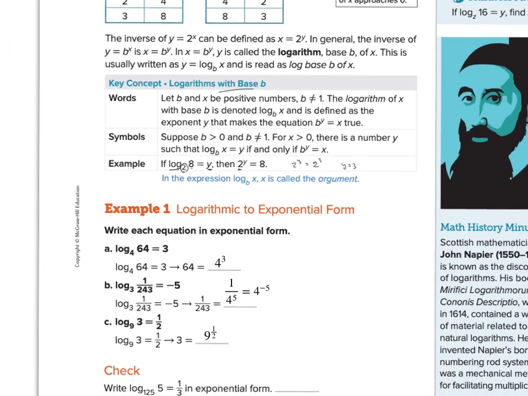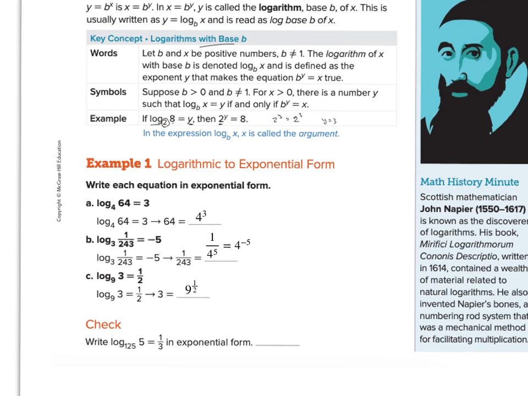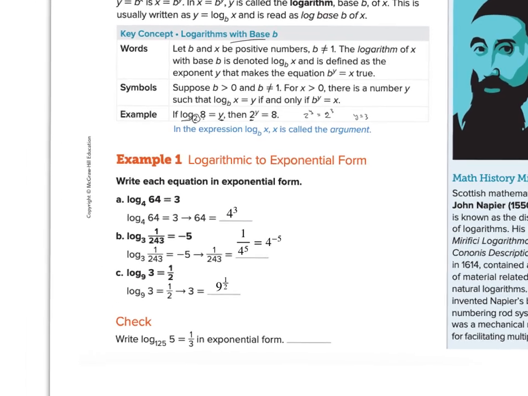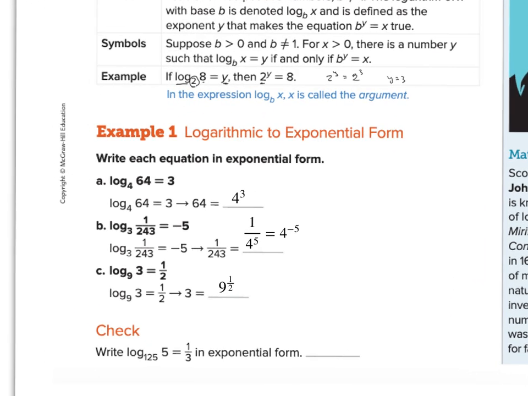So that's a jump into the exponents, but being able to reorder them, and I know some students will jump right to putting these into the calculator, and in some respects they can do that, but you may not be able to do it all the time, or should I say just doing it is faster than trying to put it into the calculator. So being able to read this, log base 4 of 64 equals 3, what they're trying to say is, what exponent do we raise 4 to, to get to 64?